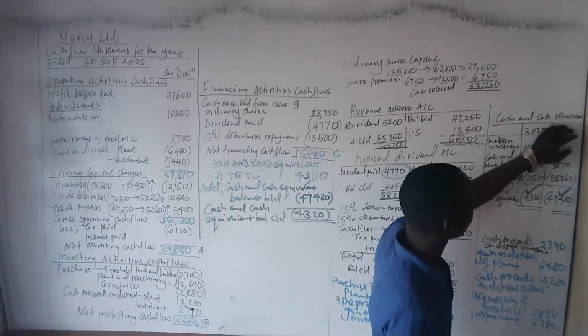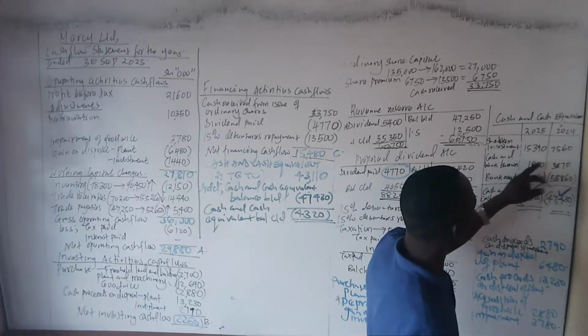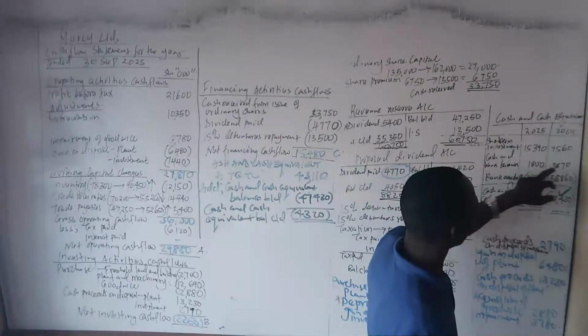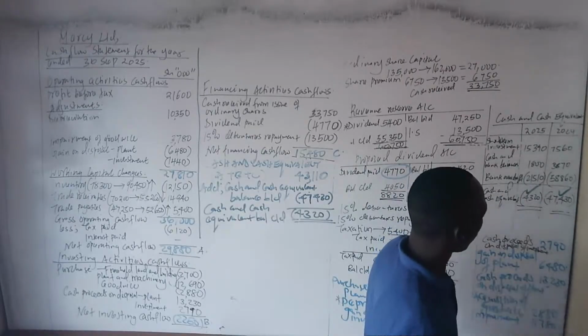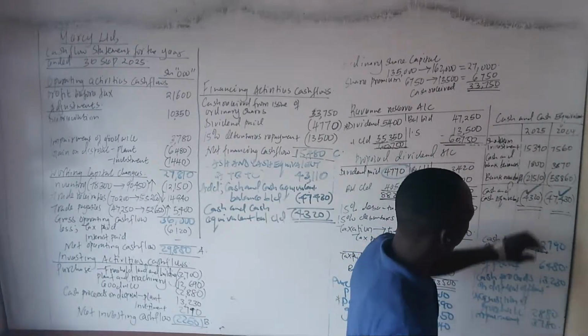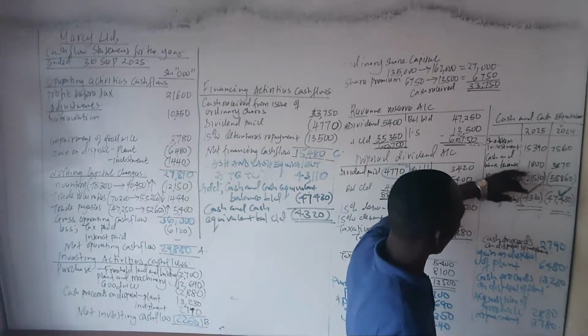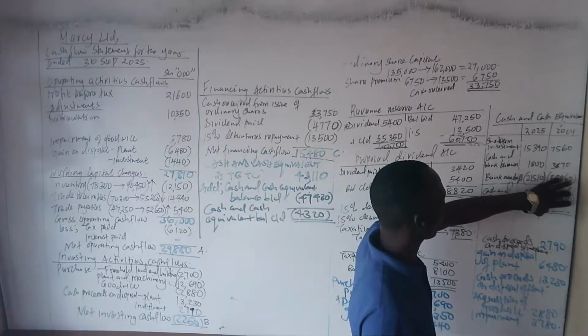For the year 2024, these are the amounts available for short-term investment, cash and bank balances, and also the bank overdraft. When you add all of them, you still remain with a negative figure, which is like the bank overdraft.